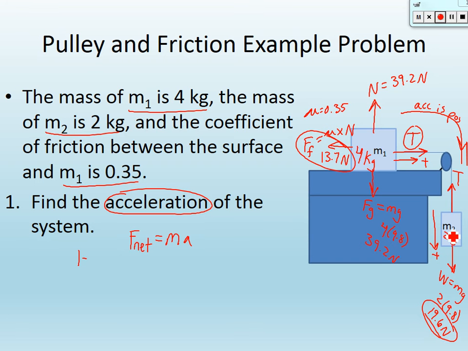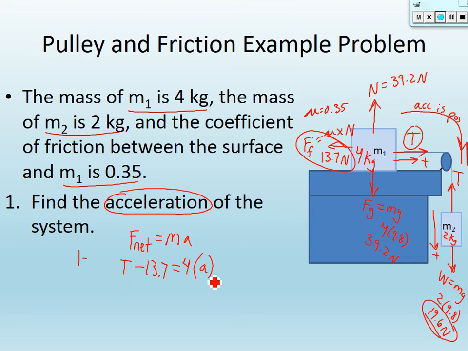Just keep the same sign notation throughout. So on number 1, what's positive, tension or friction here? Tension's positive. So we're going to have positive tension, subtract off the friction of 13.7, and that's going to equal its mass, which was 4 kgs.